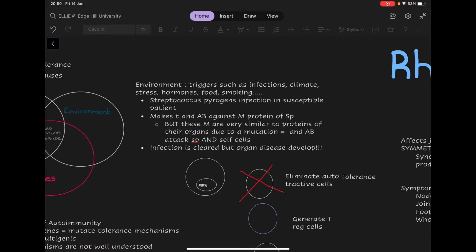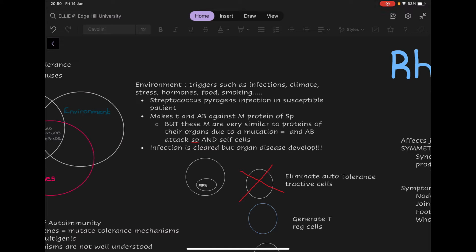You'll both live the exact same lifestyle, but your sister has a mutation that she has the same protein receptor on her heart cells that a Streptococcus pyogenes has, right? So you're both infected with this Streptococcus strain.